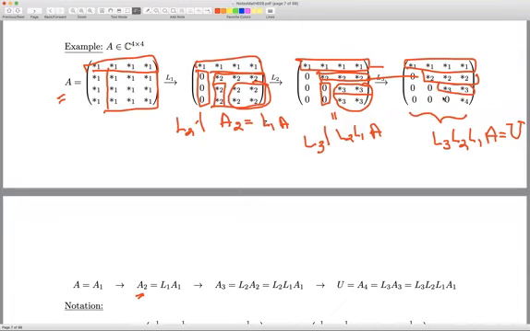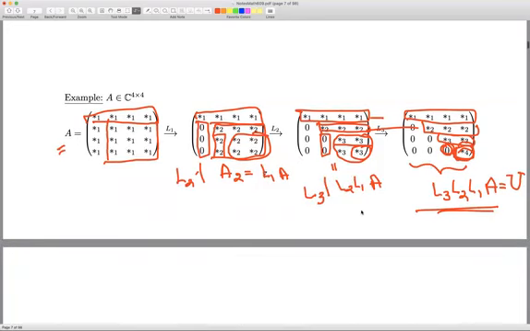Everything below the diagonal in the third column will be equal to 0. And the only thing that will be changed then is this term here from the previous step.